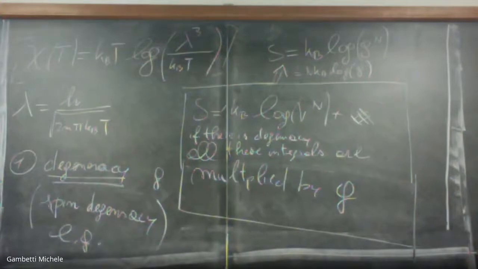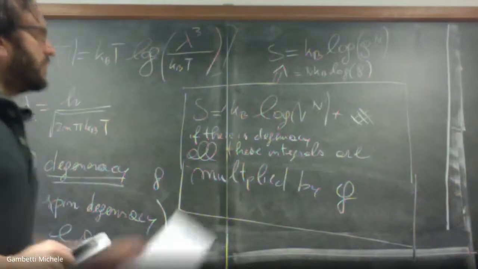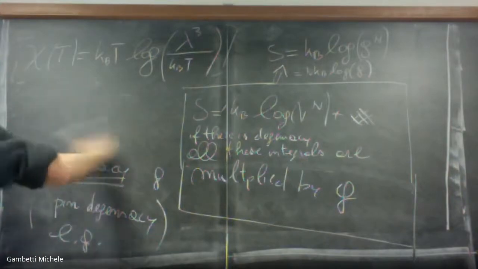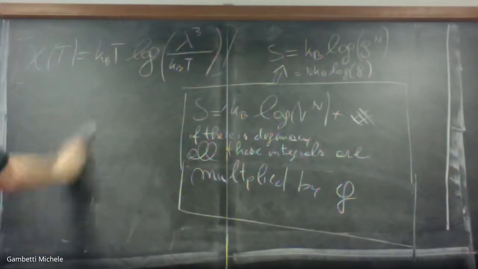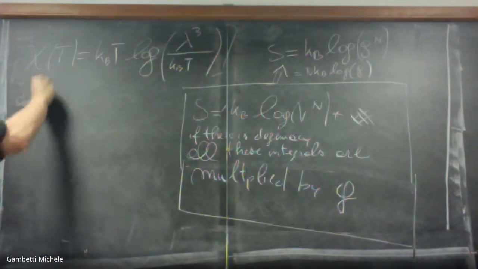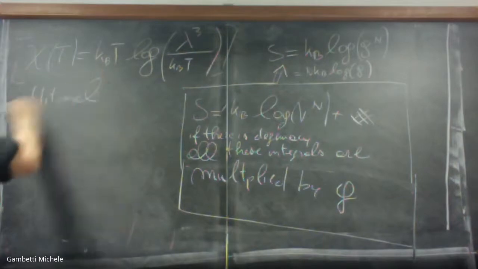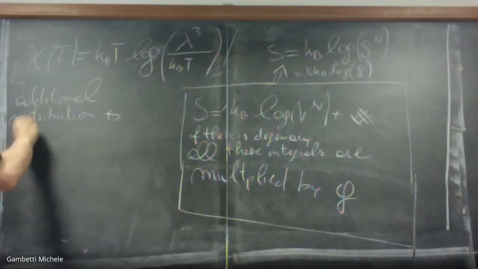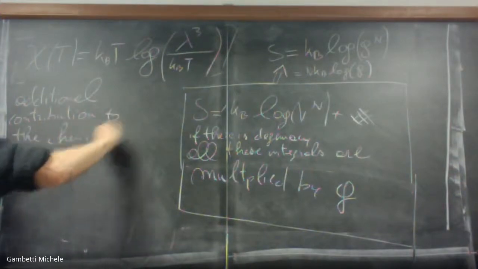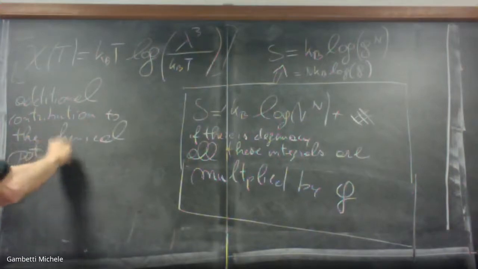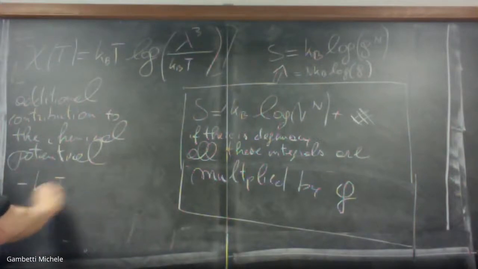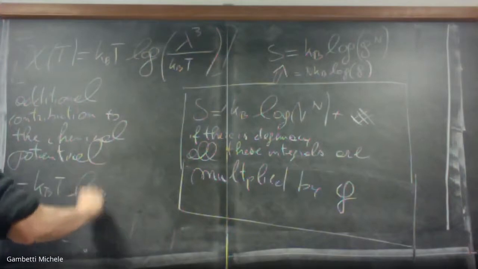And now you see that since the chemical potential is minus T times the derivative of the entropy with respect to density, I will have an additional contribution to the chemical potential which will be something like minus kBT log of g.